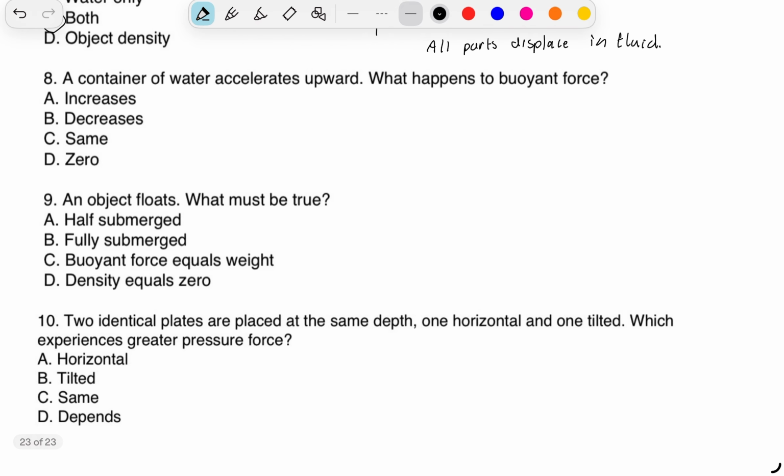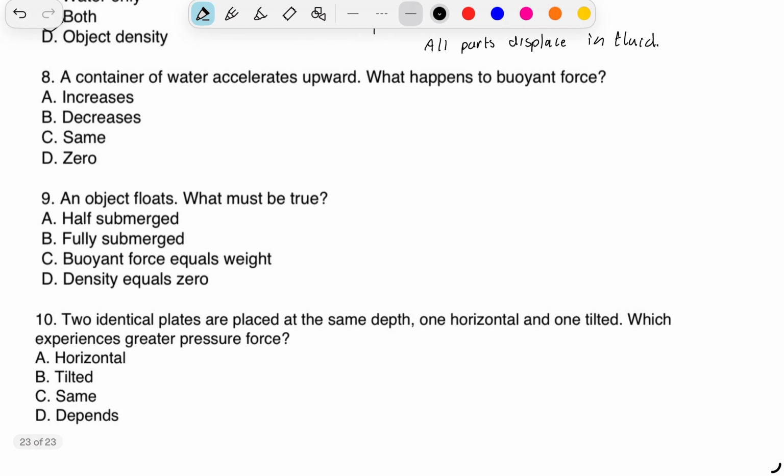A container of water accelerates upward. What happens to the buoyant force? Your answer is increases. That's because your buoyant force is already acting up. Let's say we have this container and your object is already in it, and you already have a buoyant force trying to act up, and your weight force will always act at the center of mass and always act downwards.